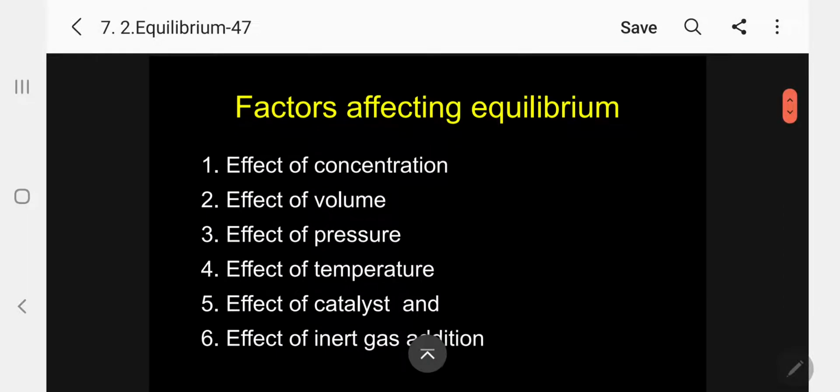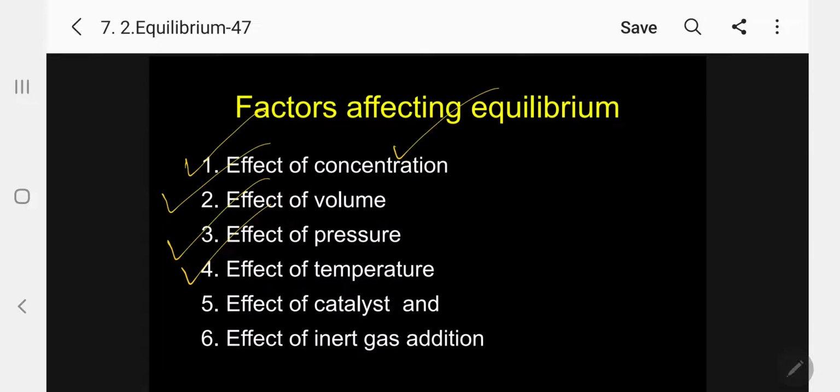Now, what are the factors affecting equilibrium? Number one, effect of concentration. Concentration of the reactants or products will affect the equilibrium. Effect of volume, effect of pressure and effect of temperature will also affect the equilibrium.